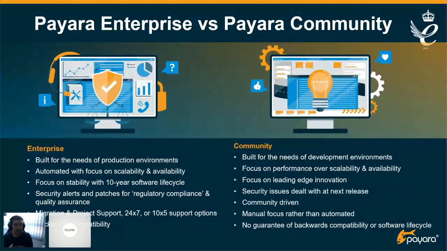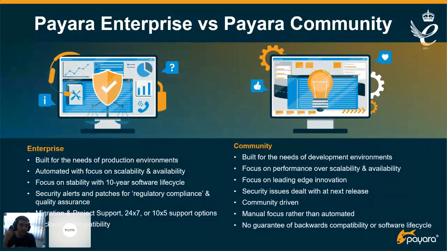If you are a user of Jakarta EE and you are starting with the technology and you want to know how it works, or want to build a proof of concept or maybe a small set of backend services or applications for your needs, you can use the community edition, which is focused on innovation. It's focused on giving you the latest things that are implemented for these standard technologies and allowing you to get a grip on how you like the technology and how you can build applications on it.